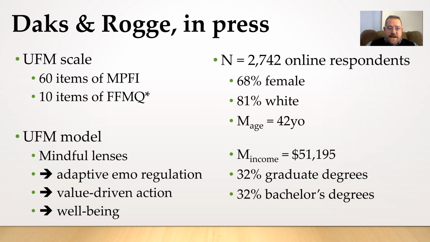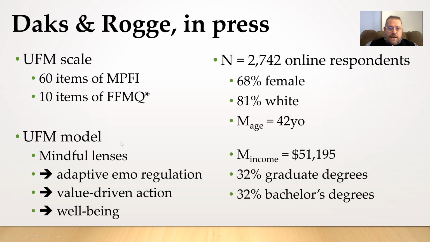We gave them the 60 items of the MPFI, and we also gave them the full FFMQ, but we identified the 2 dimensions in the FFMQ that are not redundant with the 12 dimensions of the MPFI: observing sensations and describing feelings and emotions. So we used IRT to select the best items for that and created a 70 item, 14 dimensional unified flexibility and mindfulness scale.